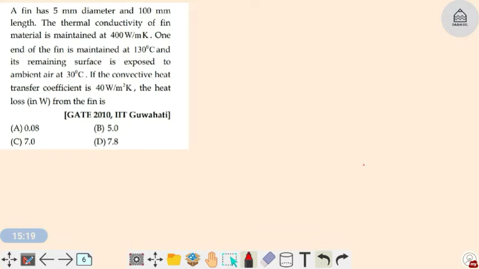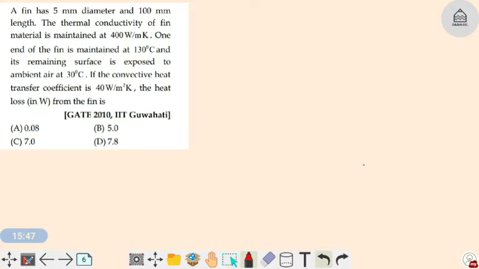Okay, so this is our next question. A fin has 5 mm diameter and 100 mm length. The thermal conductivity of the material is 400 watt per meter Kelvin. One end of the fin is maintained at 130 degrees Celsius. Its remaining surface is exposed to ambient air at 30 degrees Celsius.